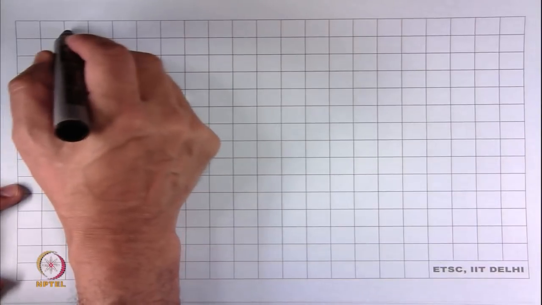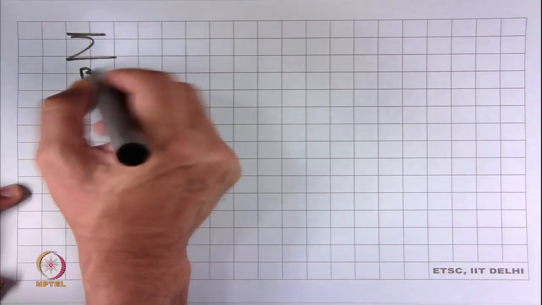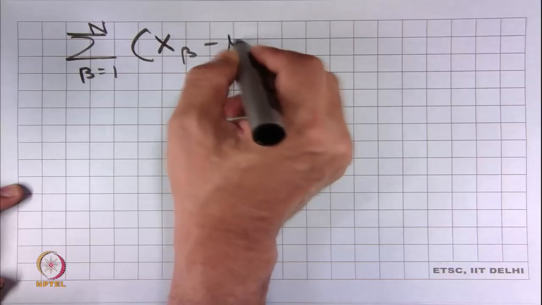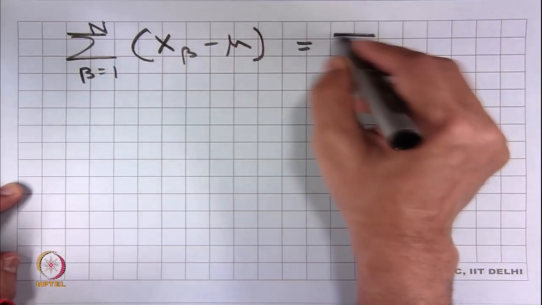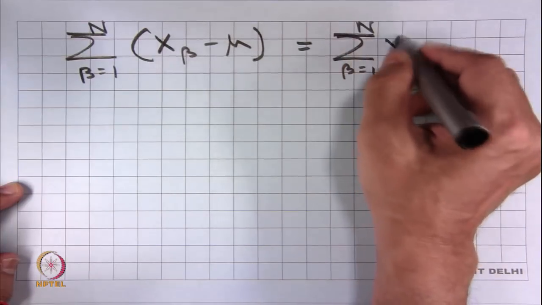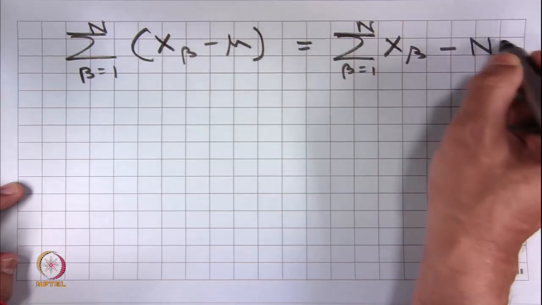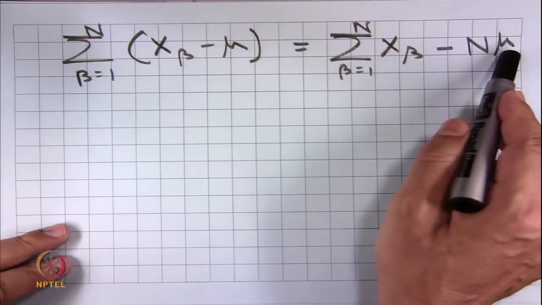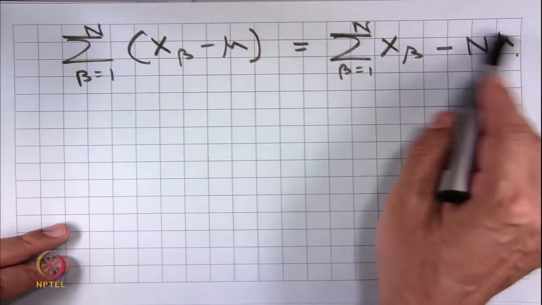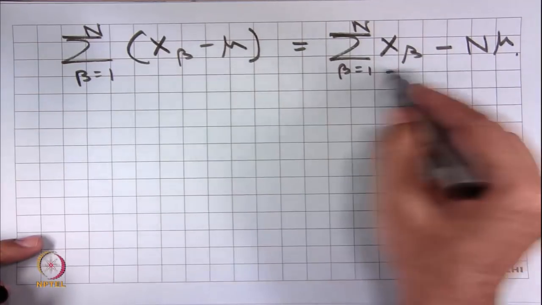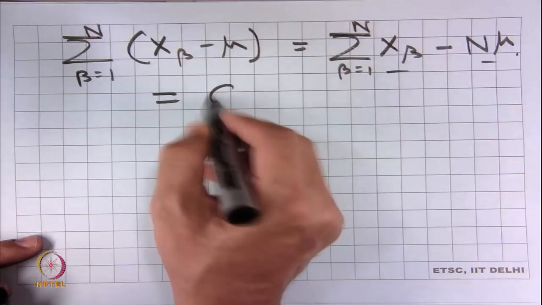Now, consider just sigma beta equal to 1 to n x beta minus mu, which is sigma over beta equal to 1 to n x beta minus n mu, and we know that mu is the population mean. So, n mu is the total of all the values of x beta. Therefore, these two terms are equal, and the difference is 0.